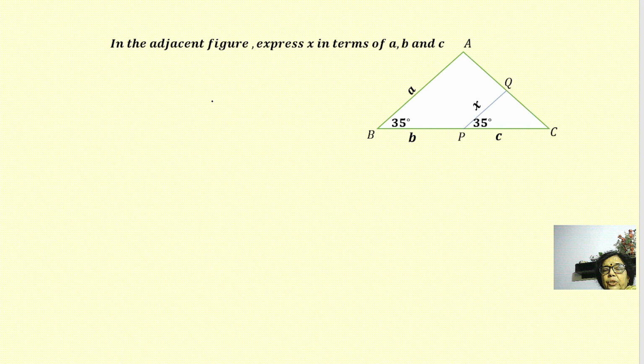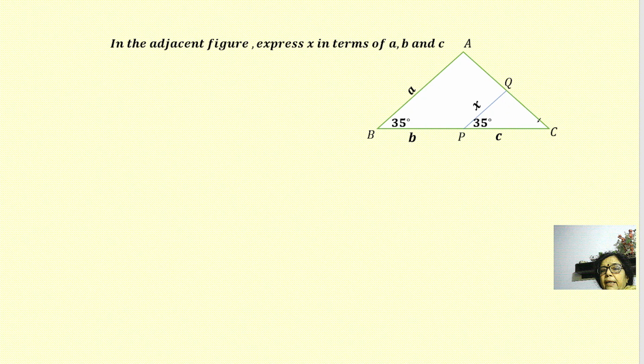Moving on to the next one, we have here in the adjacent figure: express X in terms of A, B and C. So here we have a triangle within the triangle again. So now you can see this angle is 35, this angle is also 35.